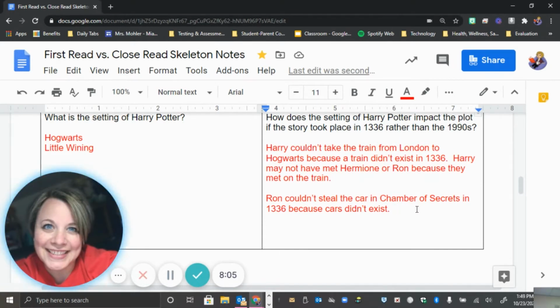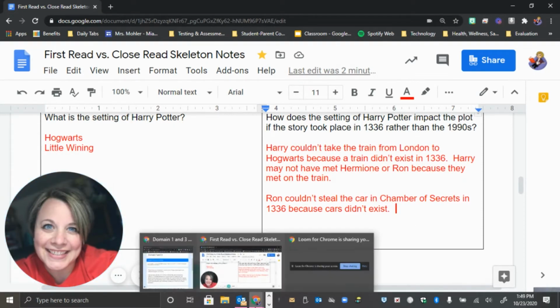Okay, so does this help you understand the difference between a first read and a close read? Okay, we're going to take this a step farther. Once you're done with these notes, I want you to open up the document, Doris is Coming, not the comprehension one, just the document that says Doris is Coming that has the story in it. I can share it with you if you need me to. Okay.